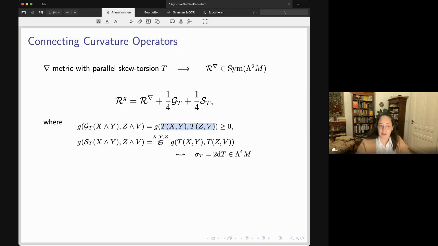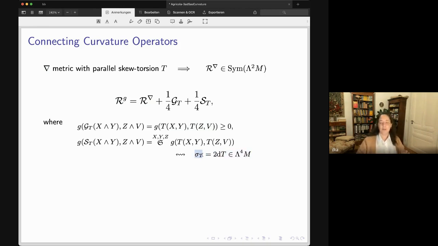And S of T comes from the 4-form which is associated to my torsion. So the torsion T has a 4-form, which is dT. And this dT appears all over the place in the geometry of connections with skew torsion.